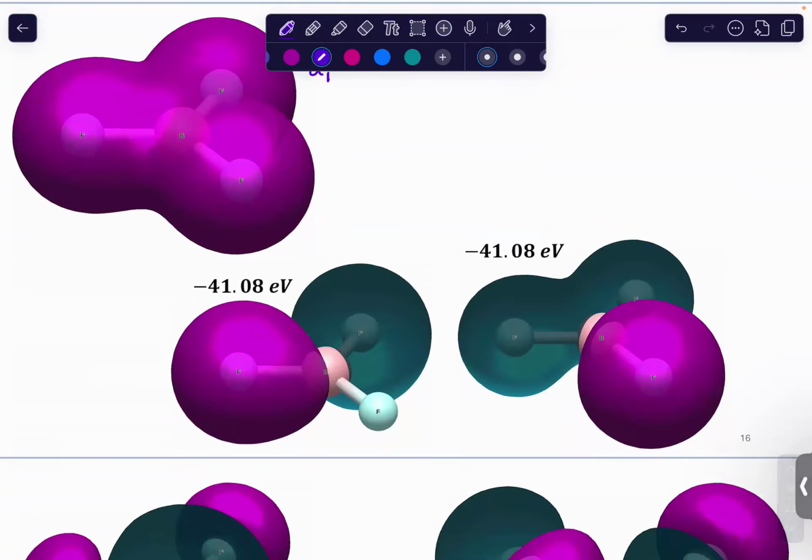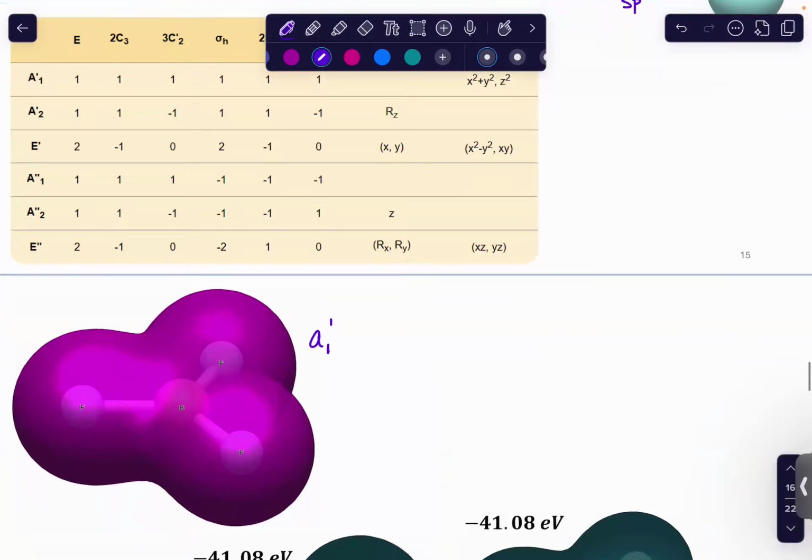Now, what do I do here? These look a little different, but in reality, what do those numbers mean? They're degenerate. Okay, so they're going to be the same thing. What from the character table do you think represents that?